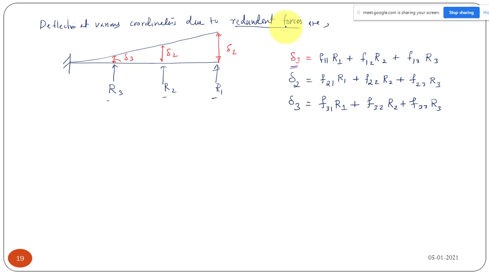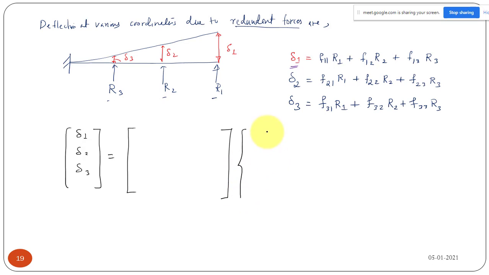Okay, so this one you can also write in the form of a matrix. So it will become the vector delta 1, delta 2, delta 3 equal to some matrix multiplied by R1, R2, R3. What will be these elements?